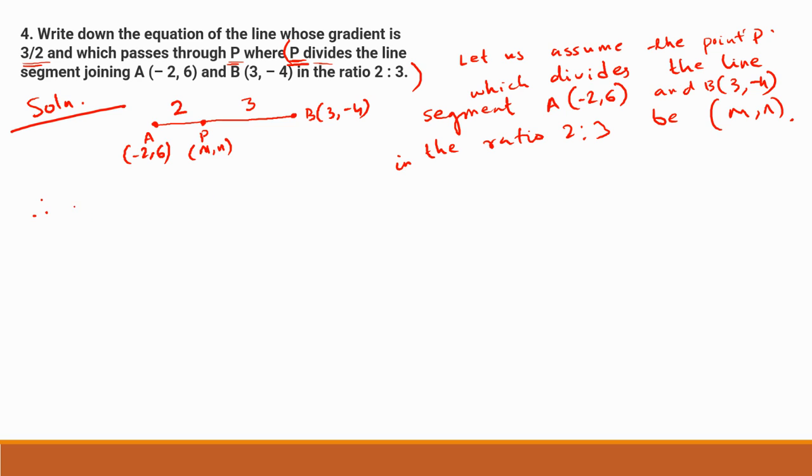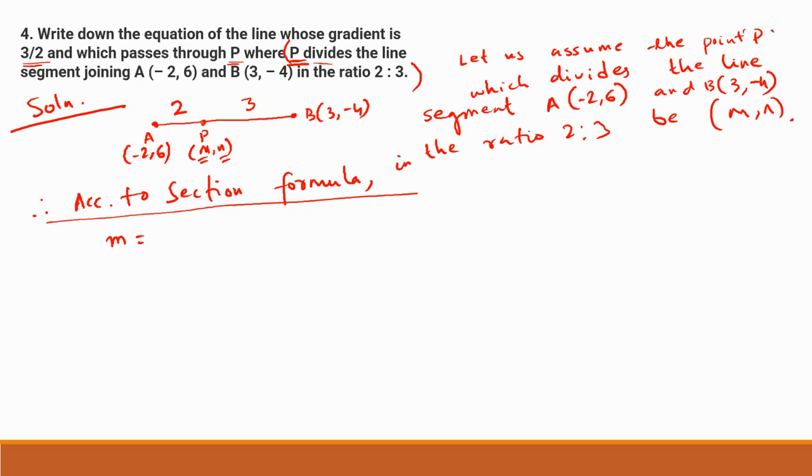Now you write, therefore according to the section formula, what do you get? m is the abscissa and n is the ordinate.